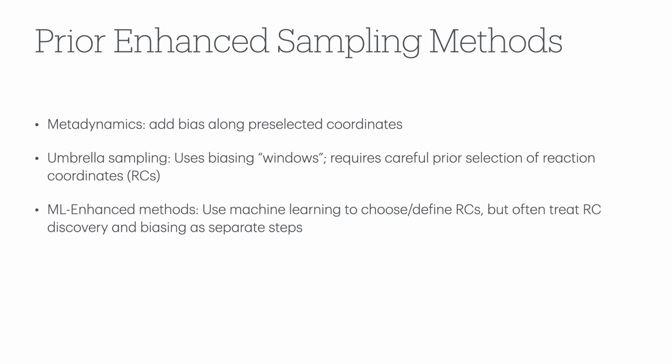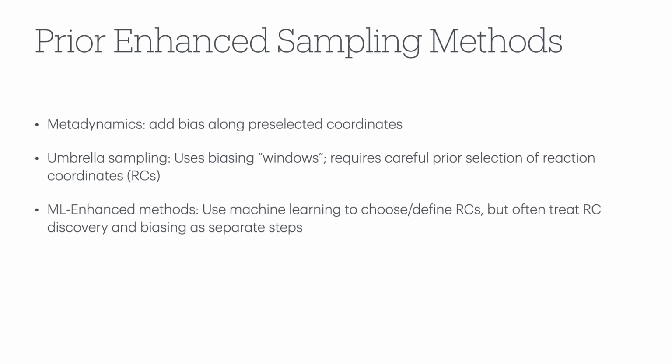If you raise the potential of that area, you lower the probability that you pick it again, right? So you bias towards picking other events that you haven't sampled already. Umbrella sampling is a little bit similar, but you break your reaction coordinate into windows. I have a whole separate video on this, so I don't want to talk too much about it.